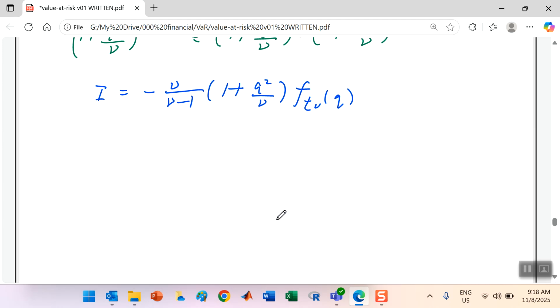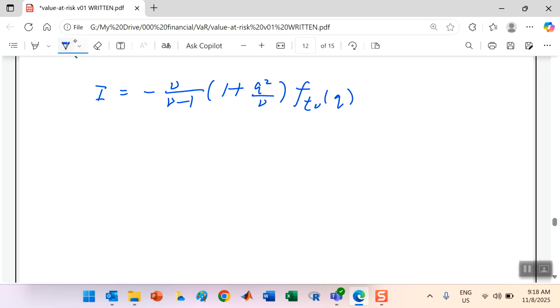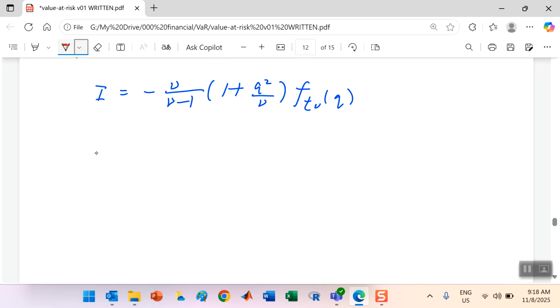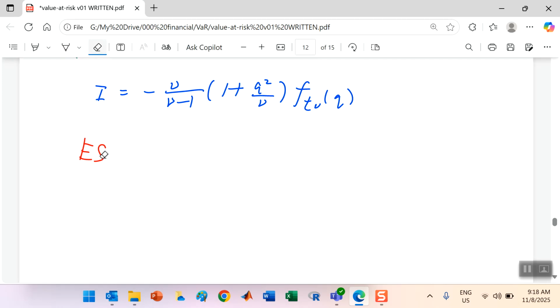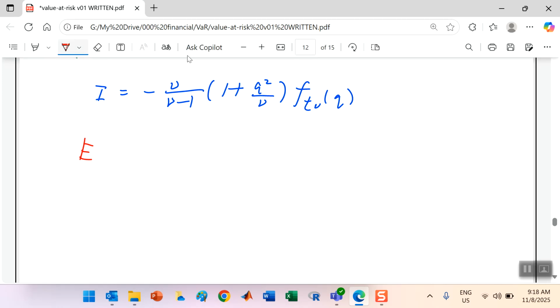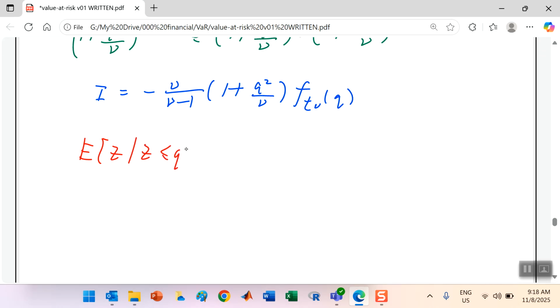Okay, so in your expected value, ES. So we just go back to the expected value first. Then you have z less than q, which is the expected value over the average value alpha.